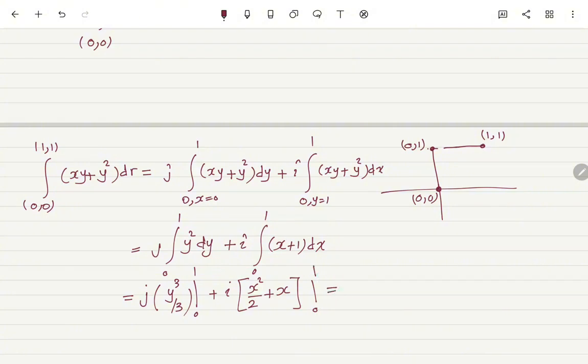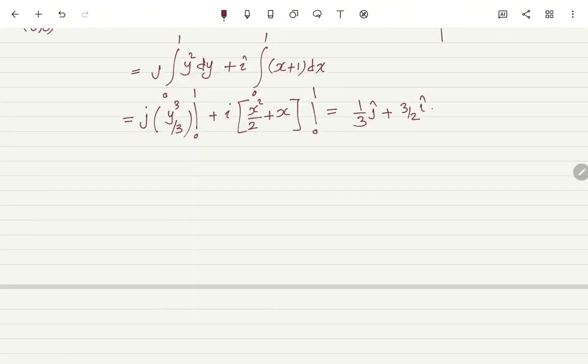In total, it's equal to 1 over 3 j hat plus 3 over 2 i. Now to find the integral directly from 0 0 to 1 1, if you have just a quick sketch here, this is 0 0 and this is 1 1, like this.